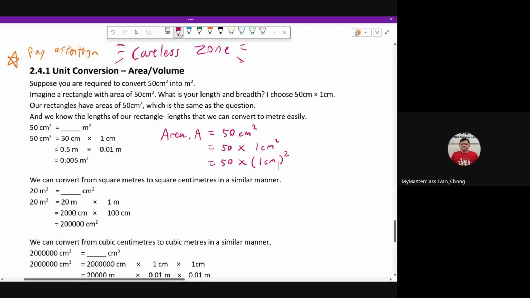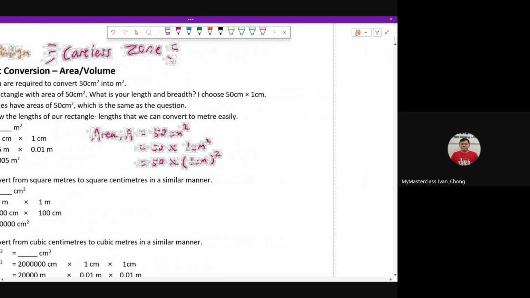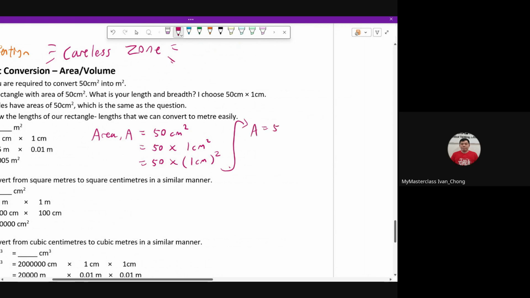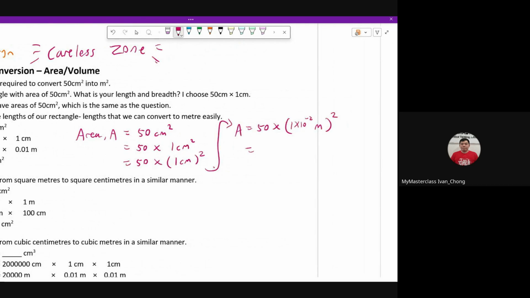So far, so good. So what does that mean? It means 50 times bracket. Now, from 1 cm, you want to change it to meters. What do we do? Because I have the prefix, I will times 10 to the power of minus 2. And the whole thing is going to be squared. So if you press this in your calculator, you actually end up with 0.0050 meters squared.